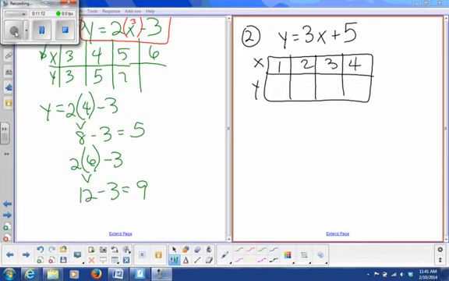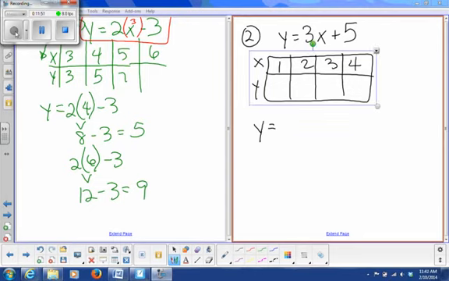Okay, Sophia, what's the first step I need to do to figure out what goes here for 1? I need to know what y is, right? So y equals... Andrew, do you know?